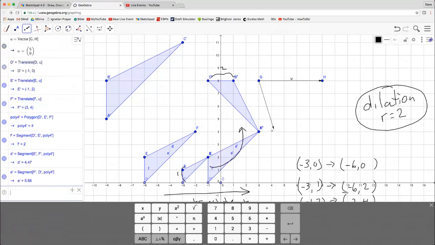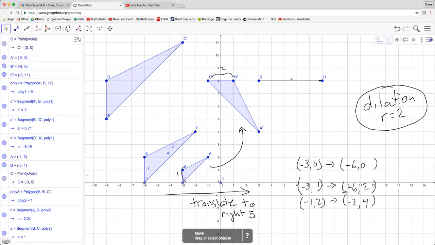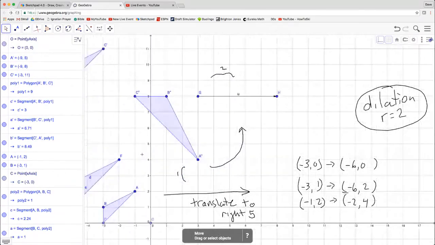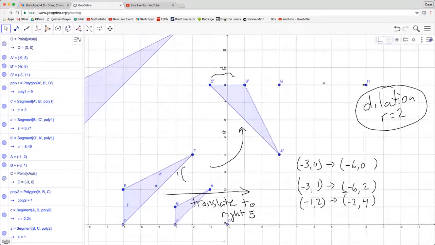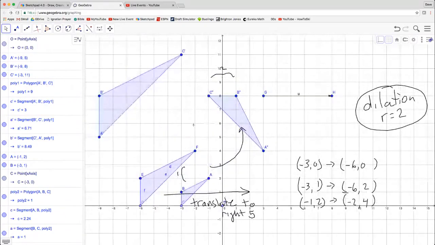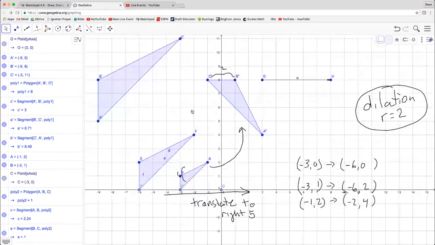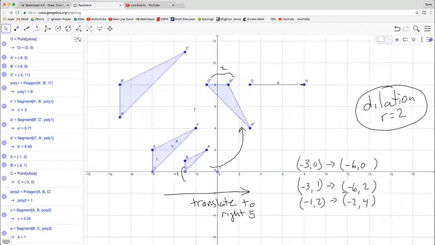So notice this new triangle that we have. What happened? Oh my goodness! What are we doing? Sorry about that. Let's just get this all back kind of to where it was.